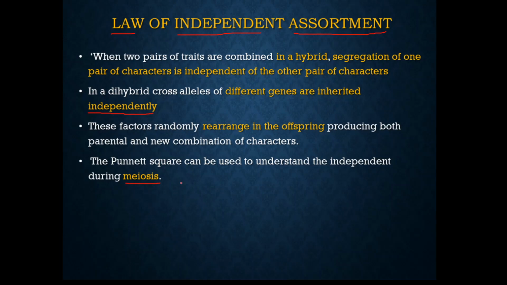We know how cell division occurs in the cell where the chromosomes are segregating, which we are going to study shortly, and we'll see how this segregation is very important to find the chromosomal theory of inheritance. For now, we need to understand that in a dihybrid cross, when the two genes are together and form gametes, in the next generation these gametes segregate independently and form new combinations independently.